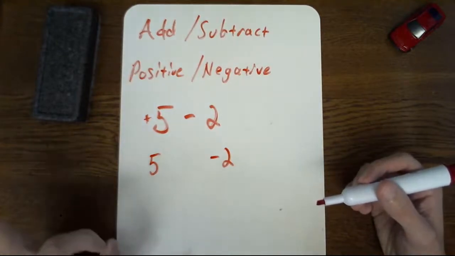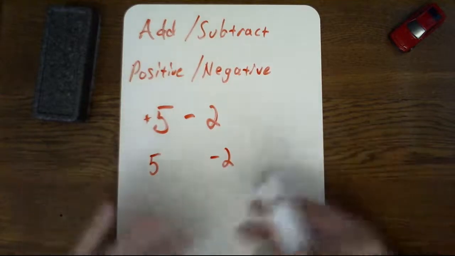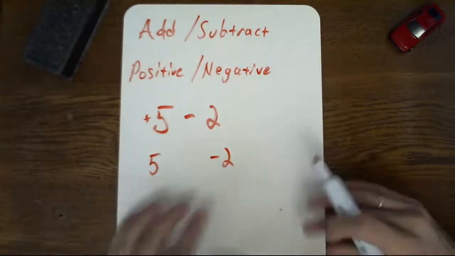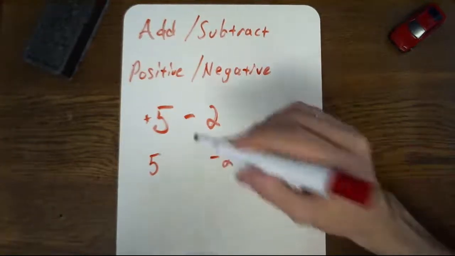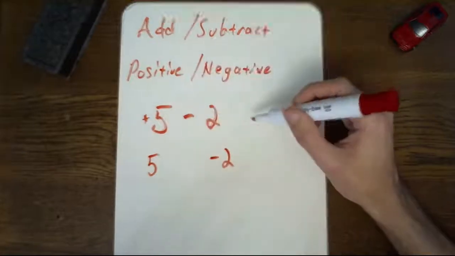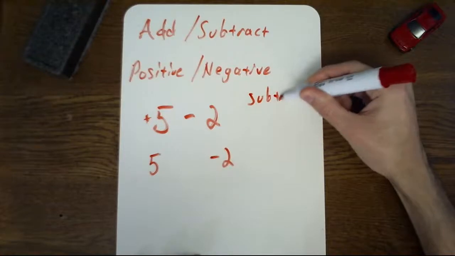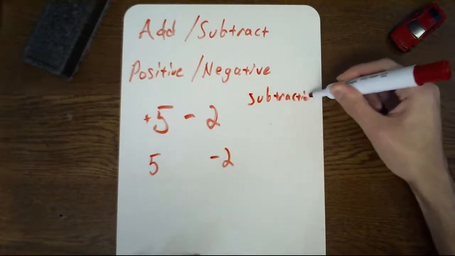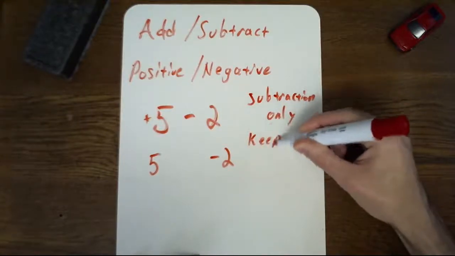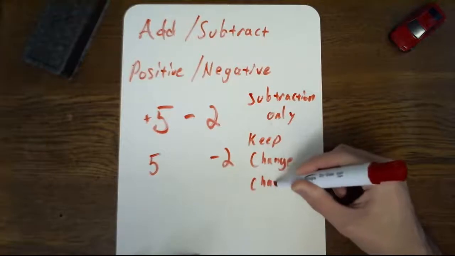And again, if this is confusing or unclear, just bear with me. I will explain it in a different way soon. But the way that Pearson is going to explain it is instead of having 5 and taking off 2, whenever you see a subtraction symbol, that's when you keep, change, change.